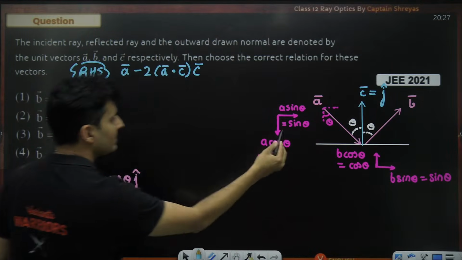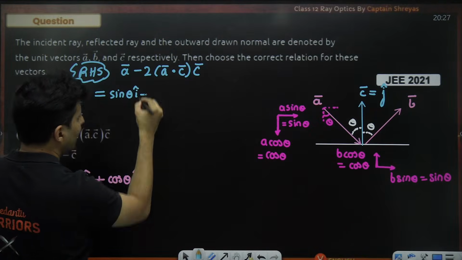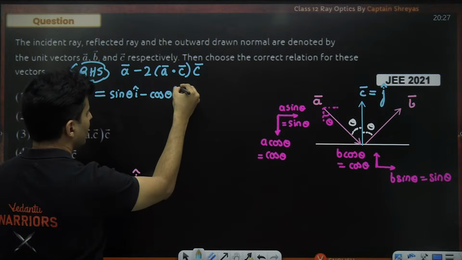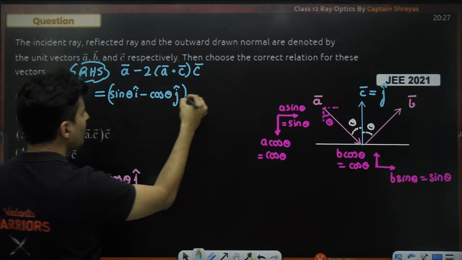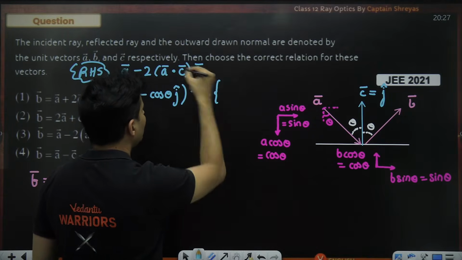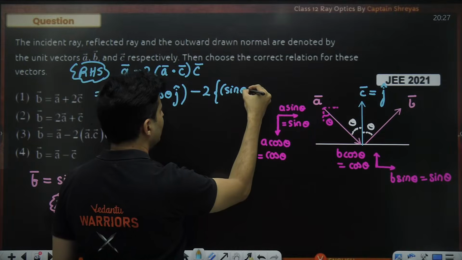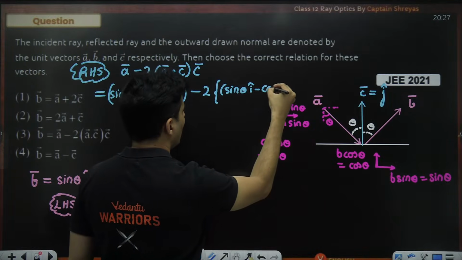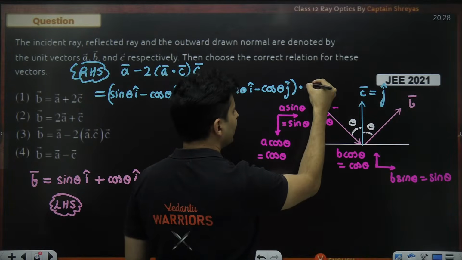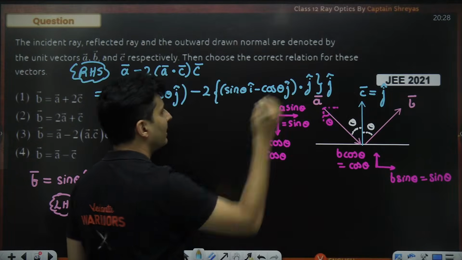A vector is sin theta i cap minus cos theta j cap, minus 2 times A dot C. First let me put A vector over here, which is again the same thing, sin theta i cap minus cos theta j cap, dot producted with C vector. C vector is j cap. This is times j cap, with C vector outside.